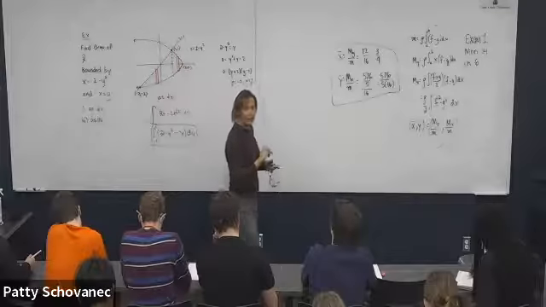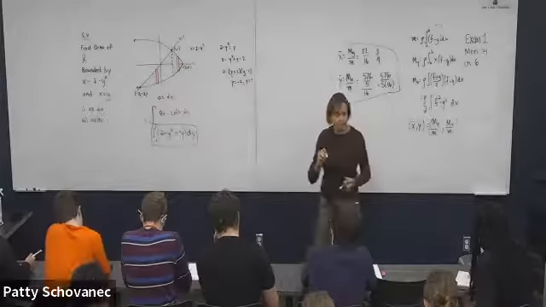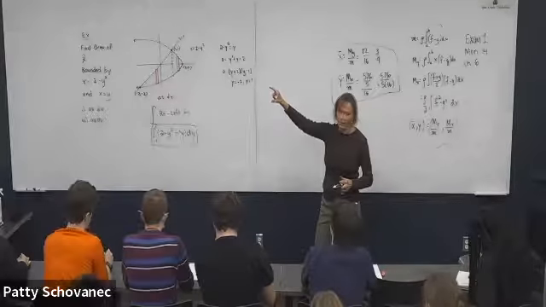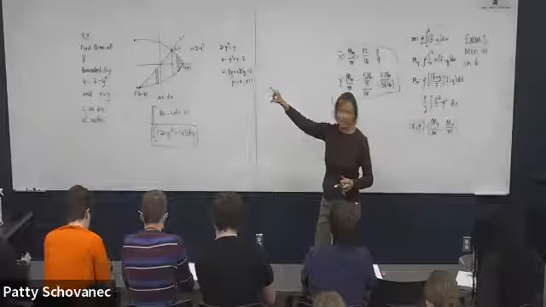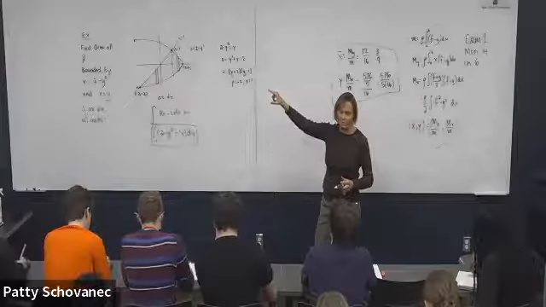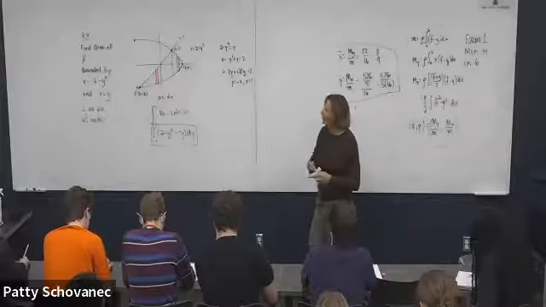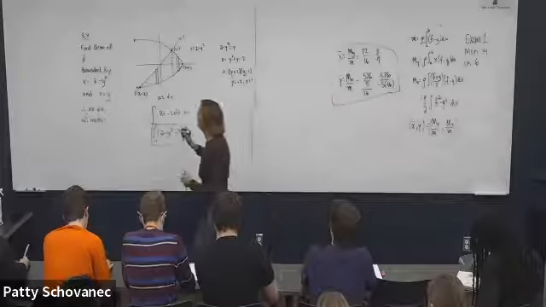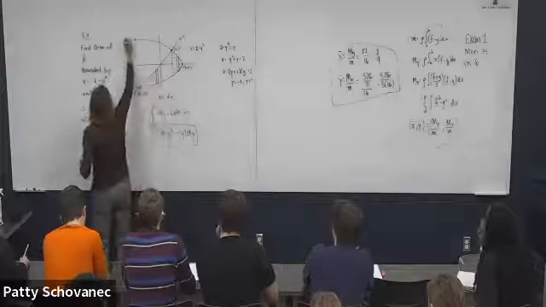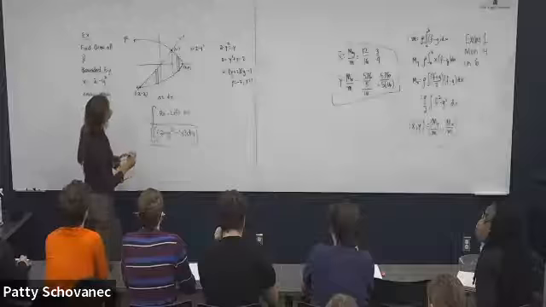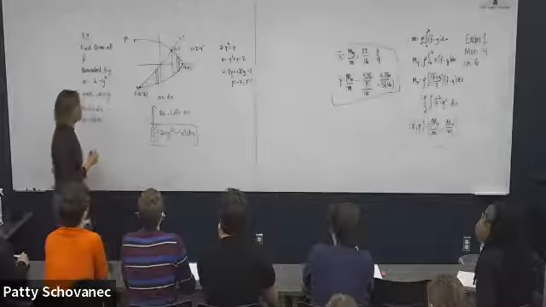We need our equations written as functions of x, so we have to write y as a function of x for the top and for the bottom. What does the equation of the top half of this parabola look like? I think it's the square root of negative x plus 2.